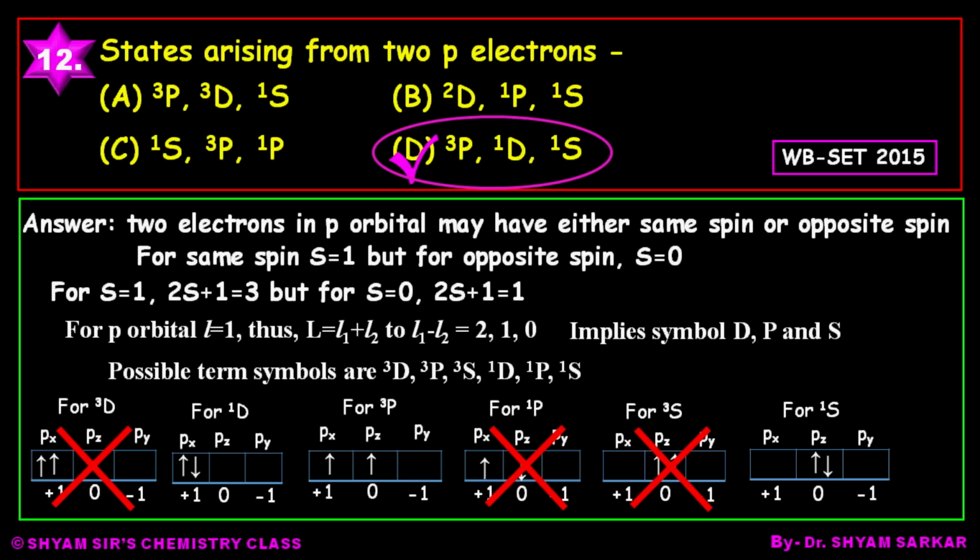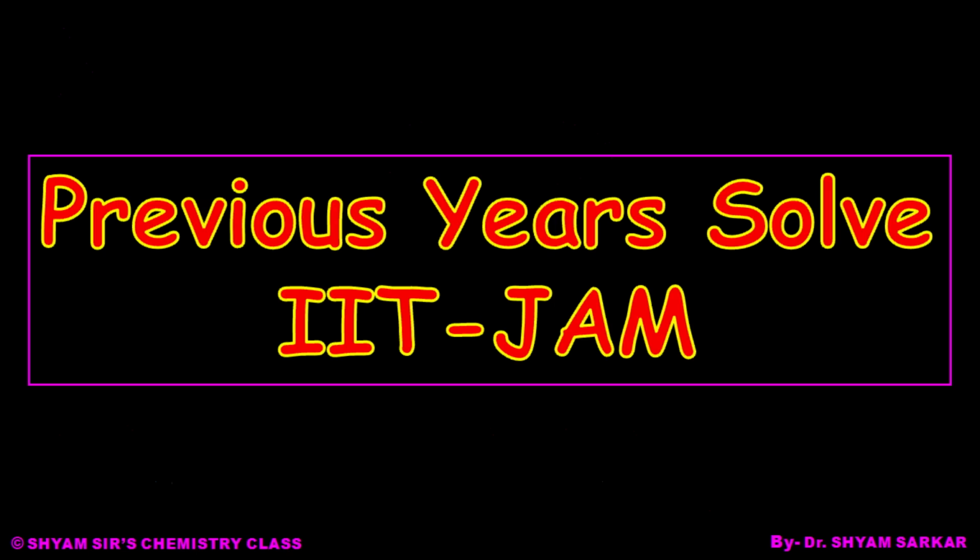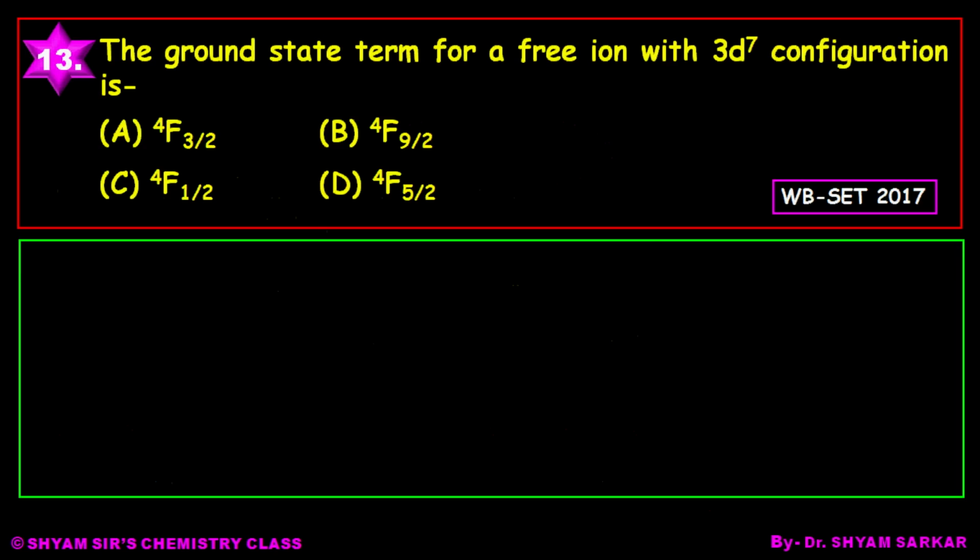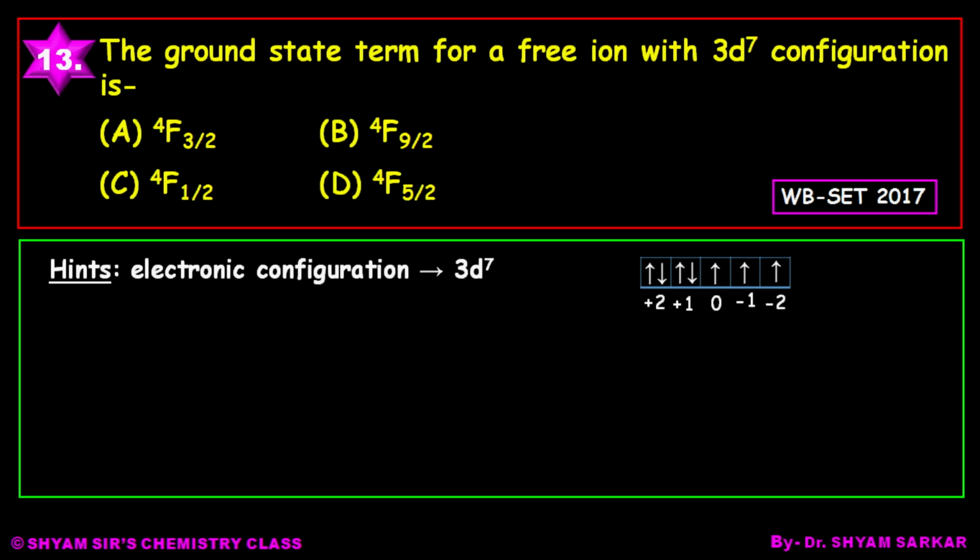Okay. Now I will show you a previous year solved question for IIT JAM. See this question: the ground state term for a d7 ion with d7 electronic configuration is. So d7 means there are 3 unpaired electrons, and in the other orbitals there are paired electrons.